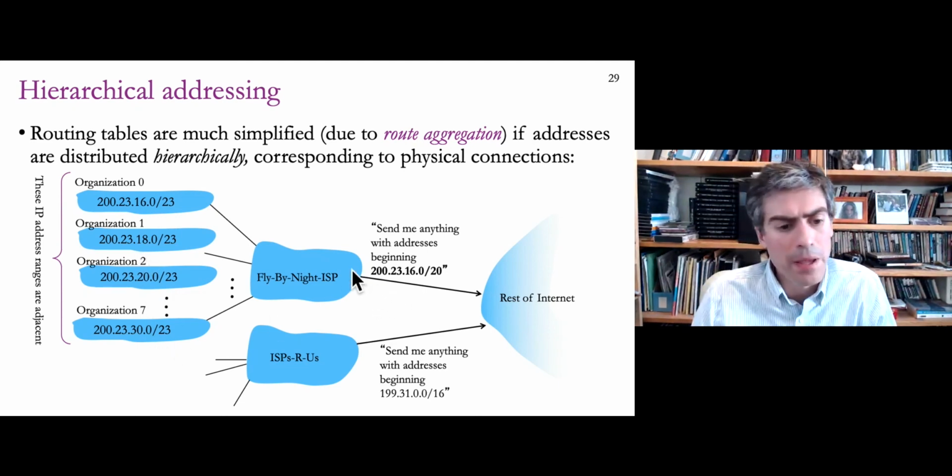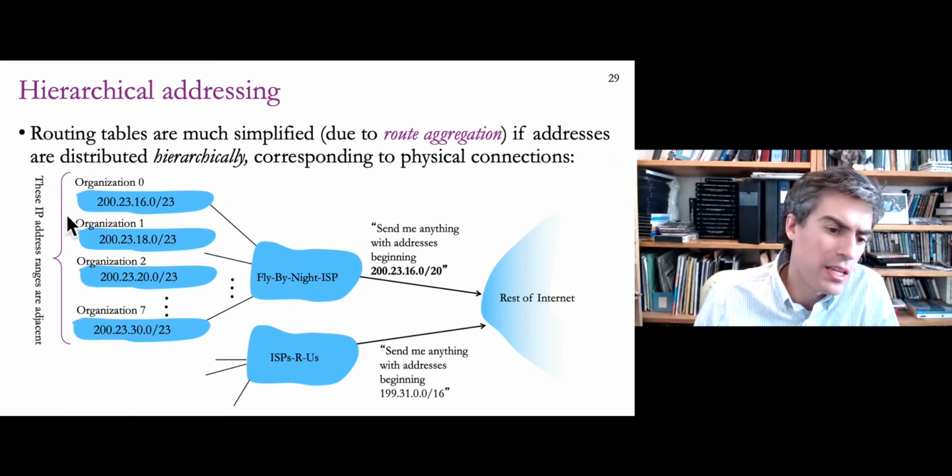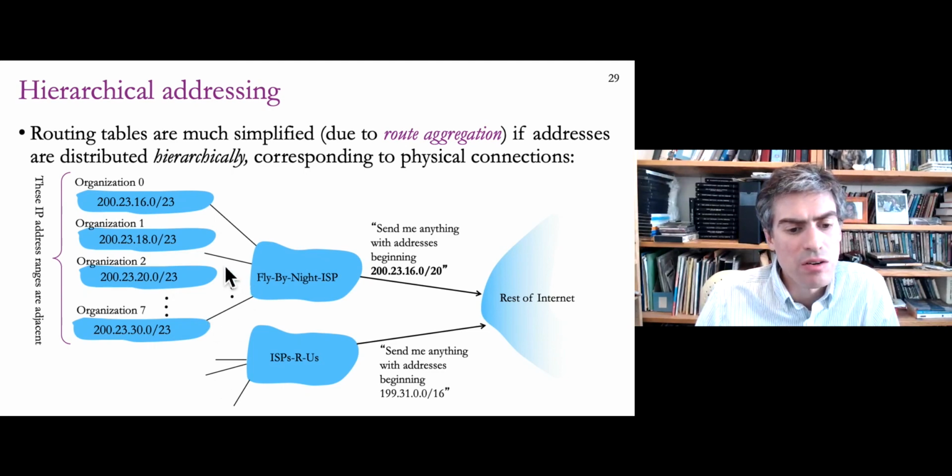Anyway, these organizations are adjacent in the IP address space, these numbers are next to each other, consecutive, and their connections are also nearby in the network topology. They're all connected to the same ISP, which is receiving all the traffic that will eventually go to these places.